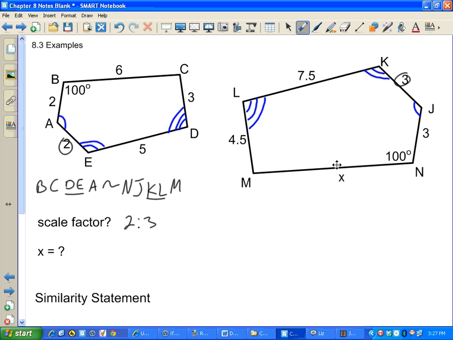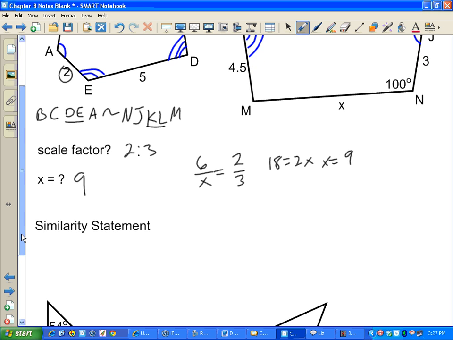I can use my scale factor then to find x. x corresponds to 6. So 6 over x has to equal, 6 came from this shape, so I need the scale factor part that corresponds to this shape, which is the 2, to be across from it, and the 3 over here. And I can cross multiply, I'll get 18 equals 2x, so x equals 9.